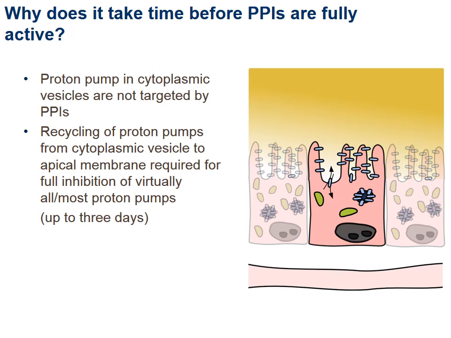And so it will take some time before all proton pumps have been exposed to the proton pump inhibitors at the apical membrane, which explains why it takes perhaps up to 3 days for the proton pump inhibitors to achieve their maximum effect.